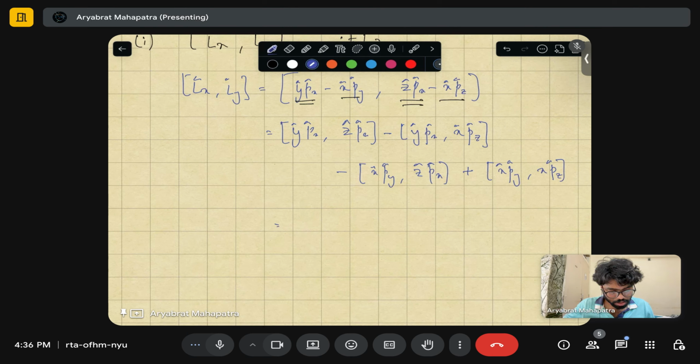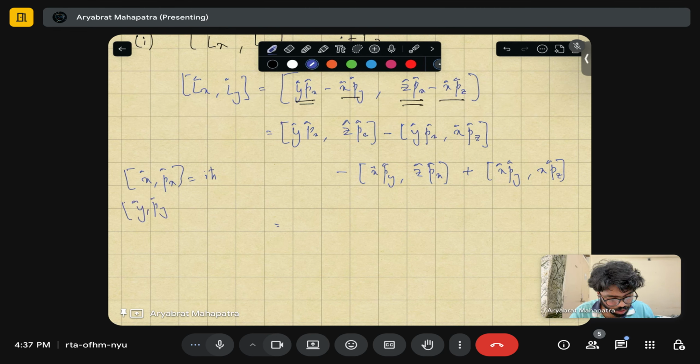There is another fundamental relation that you should know, the fundamental law from which the Heisenberg uncertainty is proved: the commutator of position and momentum operator always gives you i h bar.